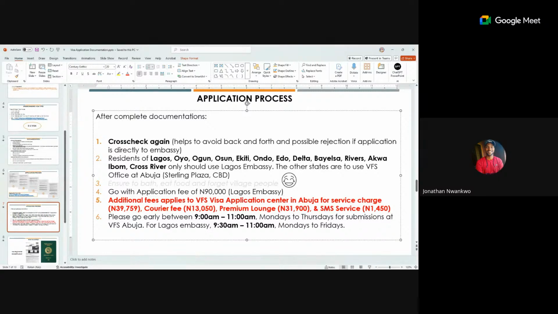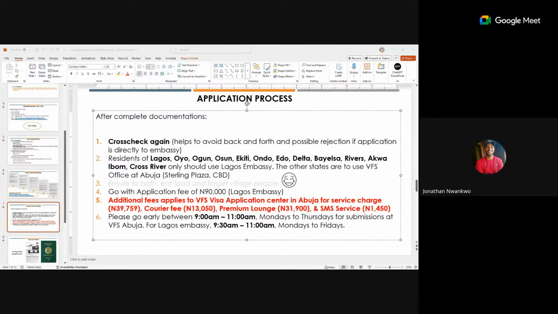VFS charges you a service charge, which they call Premium Lounge, 39,759 naira. Then a courier fee, because VFS will send it to you from the embassy when it is done. They deliver it to you through DHL, 13,050 naira. There's a premium lounge fee also. VFS service charges are for the VFS application fee, for them collecting the application on your behalf.